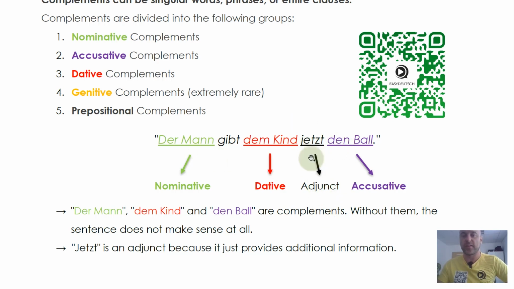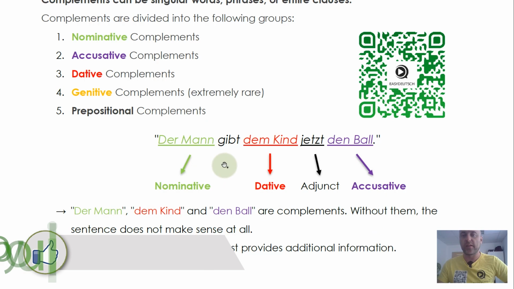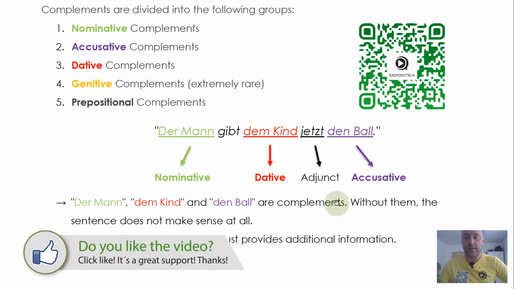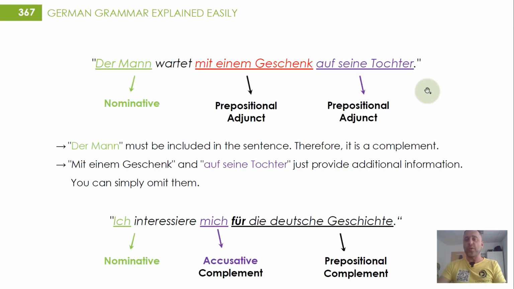This sentence still makes sense without jetzt. But with those two, it leaves questions open that can't be answered, so the sentence doesn't make sense anymore. And the Angabe, the adjunct, is just additional information. So let's have a look at 2 more examples to make it more obvious for you.